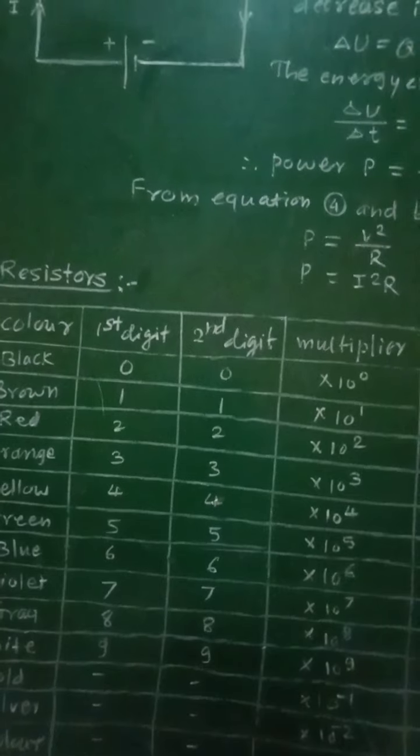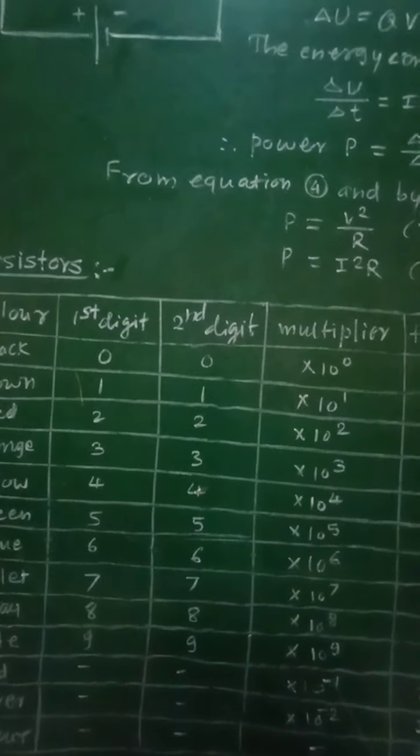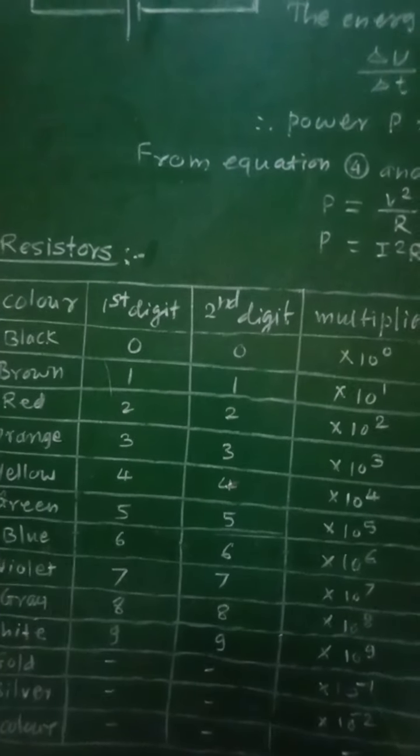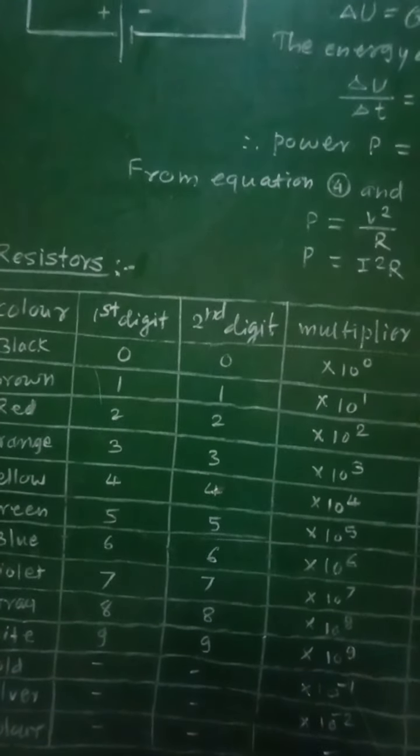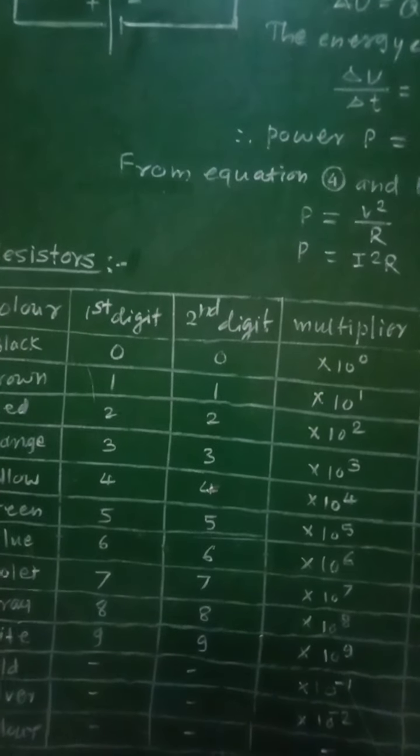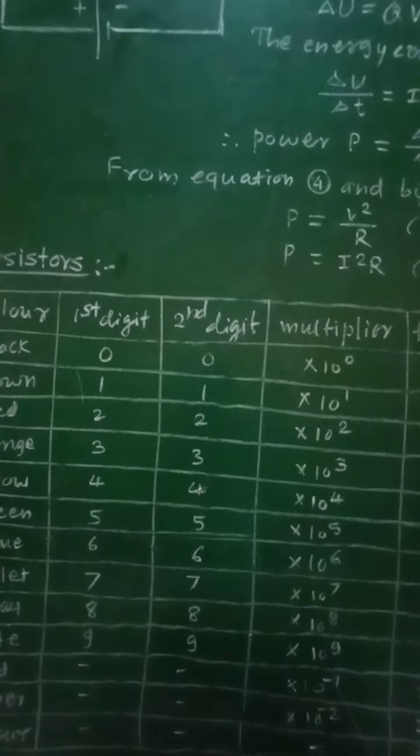High value resistors will be carbon resistors. Similarly, carbon resistors are small in size and inexpensive, and therefore they are widely used.